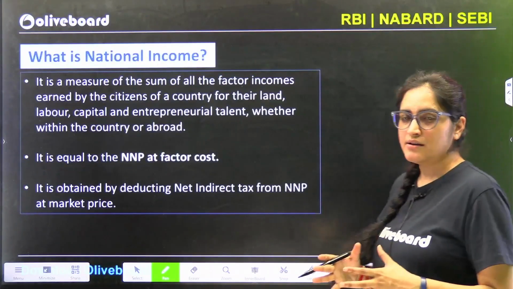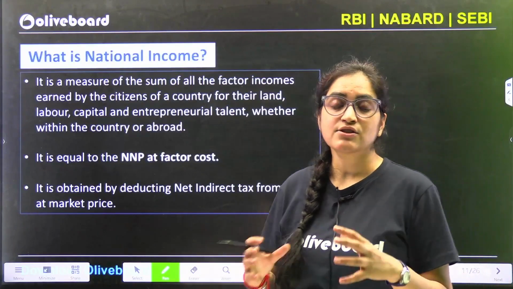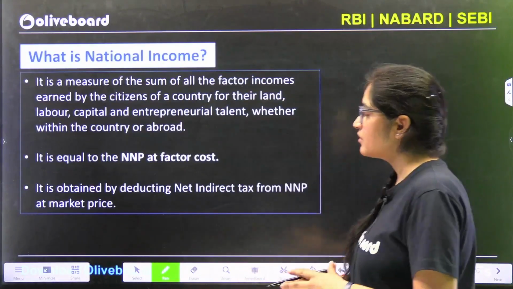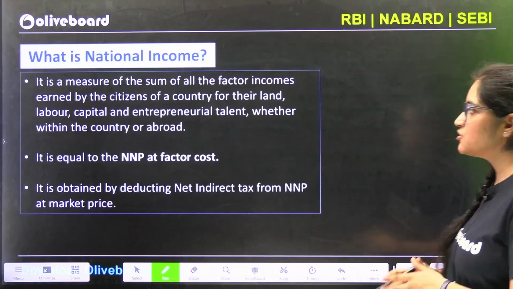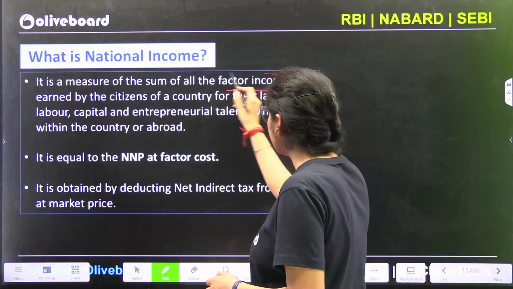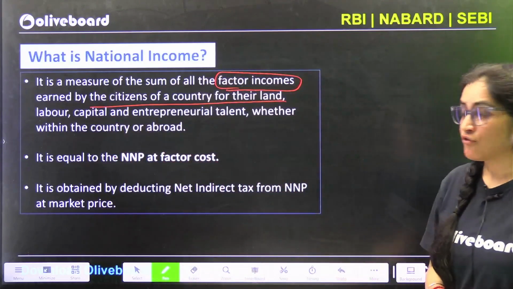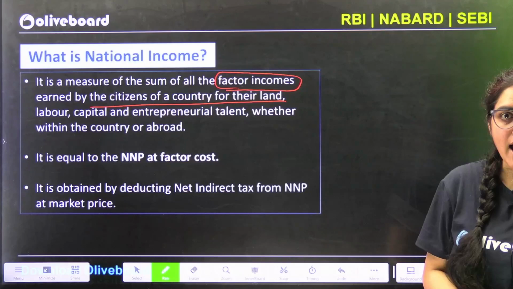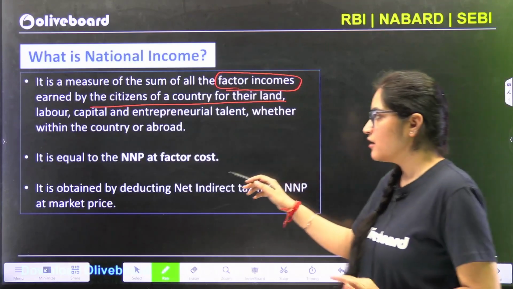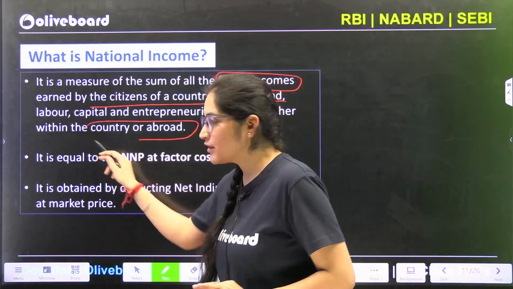Now let's try to define national income again. National income is a measure of the sum of all factor incomes earned by the citizens of a country for their land, labor, capital and entrepreneurial talent, whether within the country or abroad.